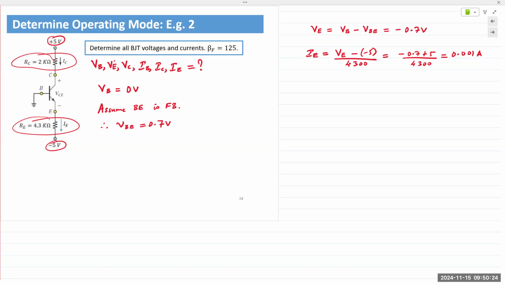All right, so let's calculate IC first. Alpha is beta over beta plus 1.